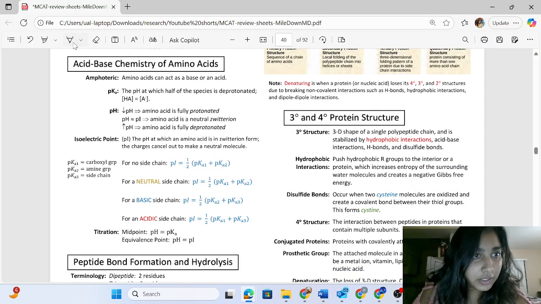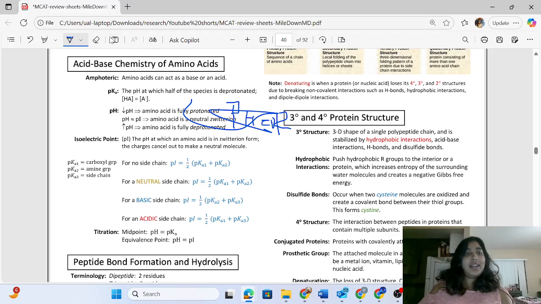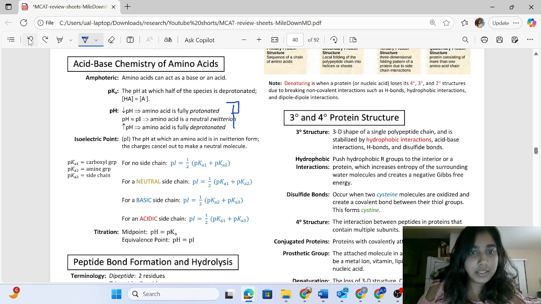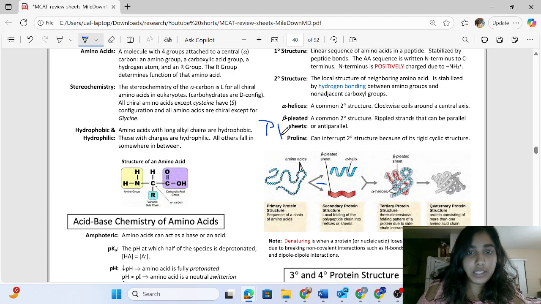So if you see this formula, pH is equal to pKa plus log of A minus over HA.